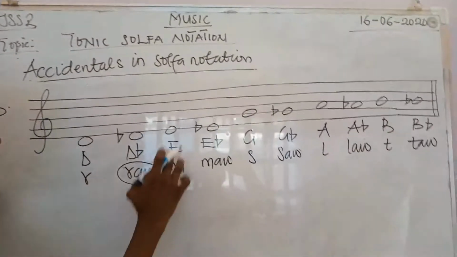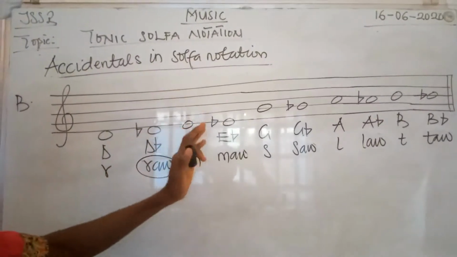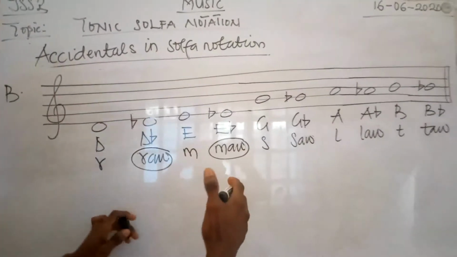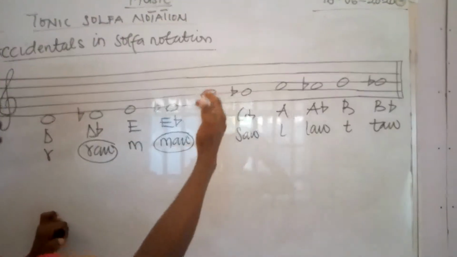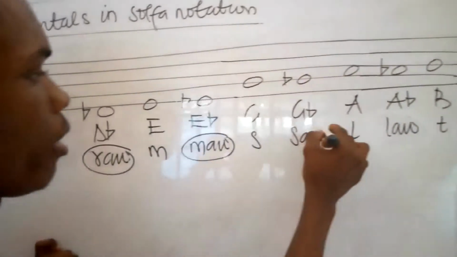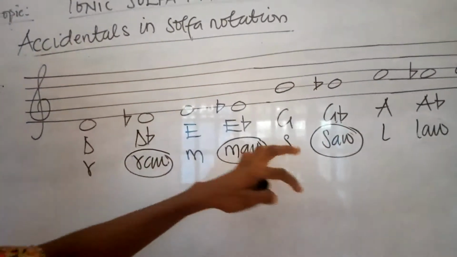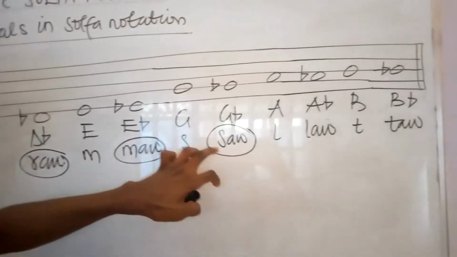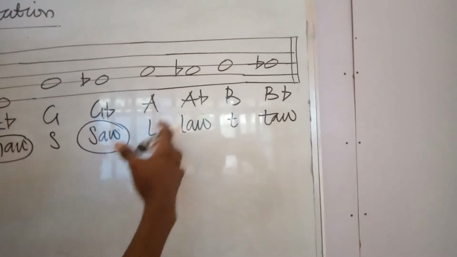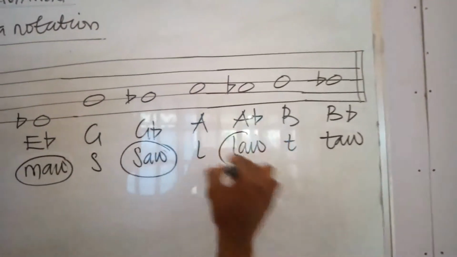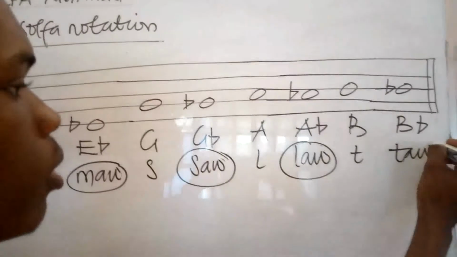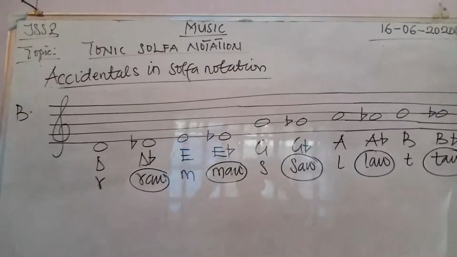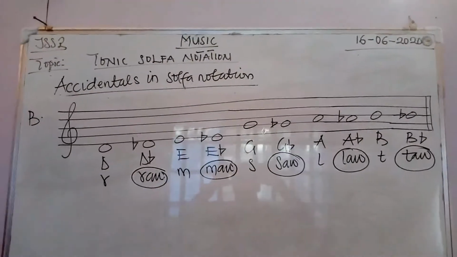Now this is a Mi, and being flattened it becomes Me. Then we have Sol, and being flattened it becomes Se, pronounced a different way. Then we have the La, and being flattened becomes Law. Then the Ti flattened becomes Te. So that is it for the accidentals in sol-fa notation.